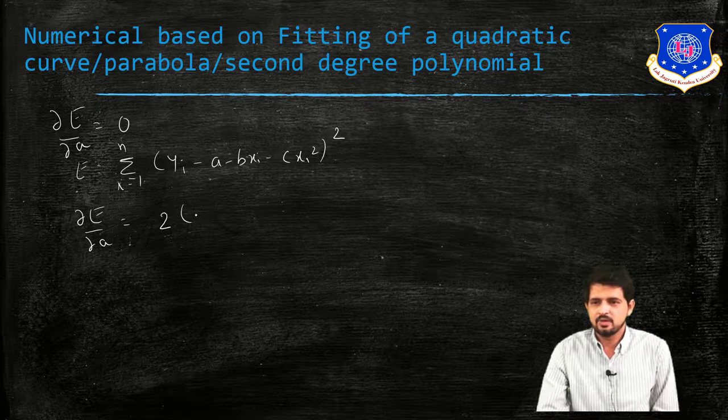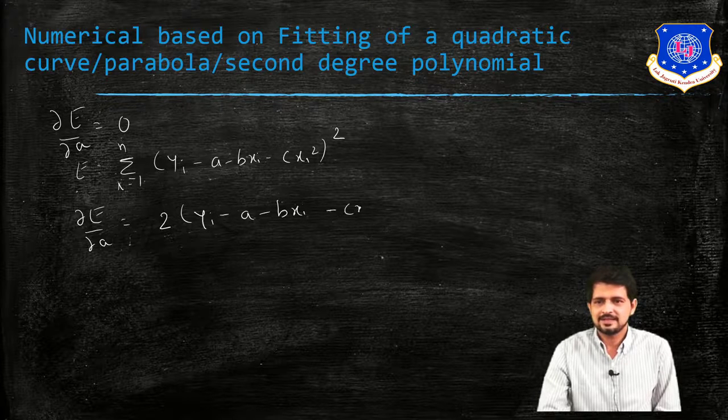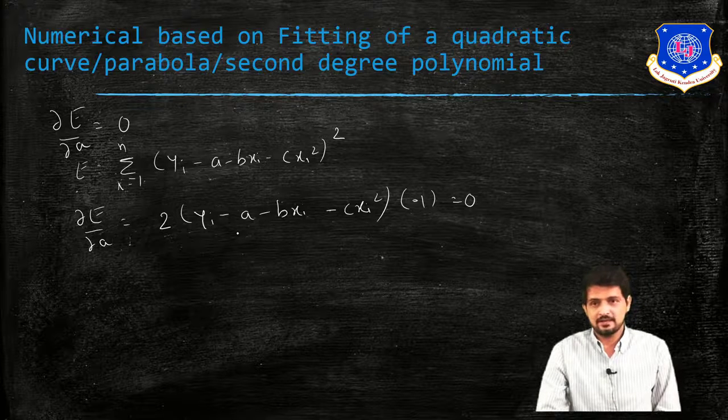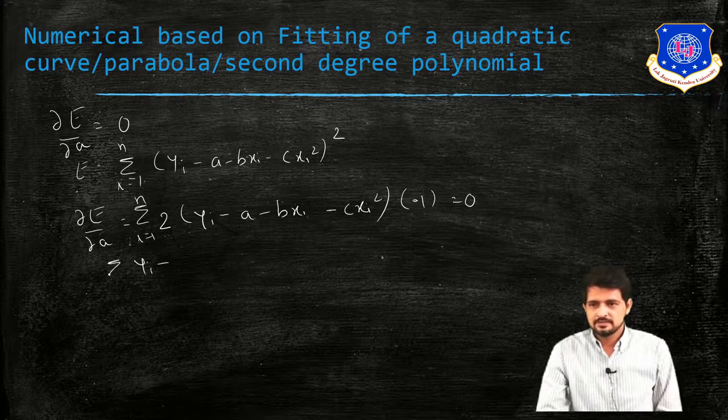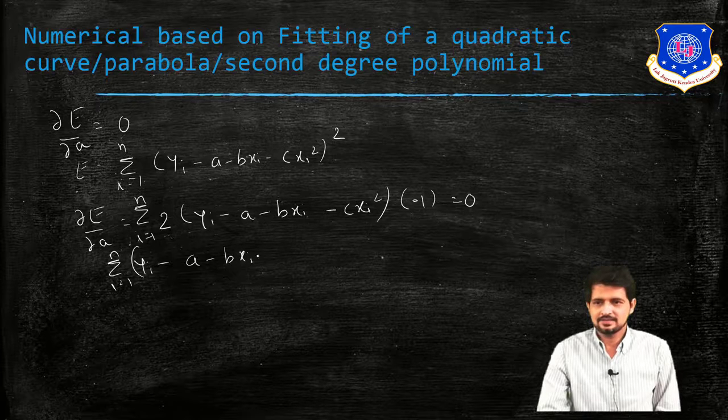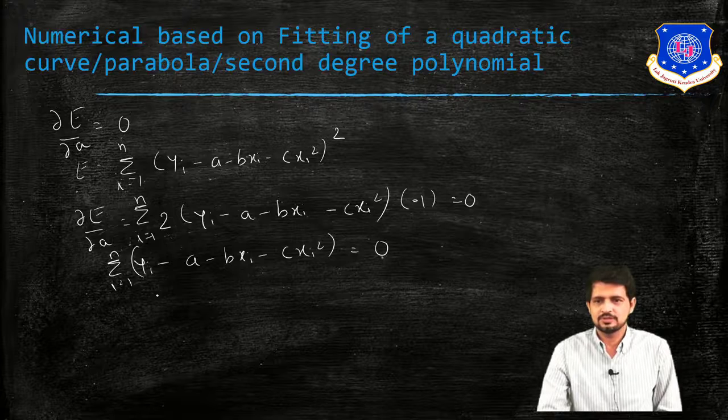It will be 2 times, in bracket, yi minus a minus bxi minus c into xi square, into minus 1, because the derivative of a with respect to a is 1. Here I can write sigma i from 1 to n of yi minus a minus bxi minus cxi square equals 0.